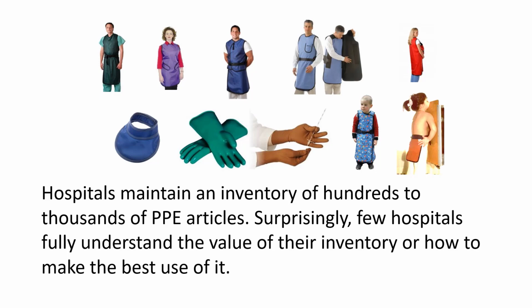Surprisingly, the documentation on this is very poor. Few hospitals fully understand the value of their inventory or how to make the best use of it. For example, how much does a lead vest cost, and how many do you have in your hospital? How much does a thyroid shield cost, and how many do you have?